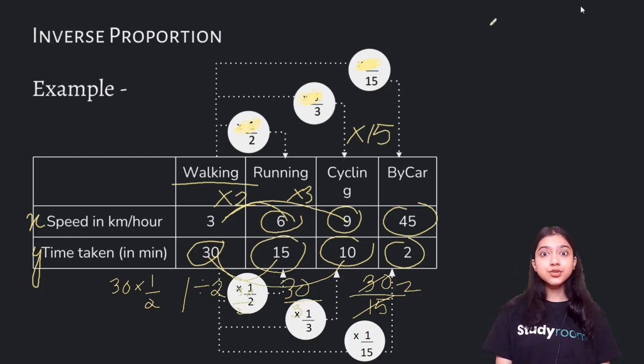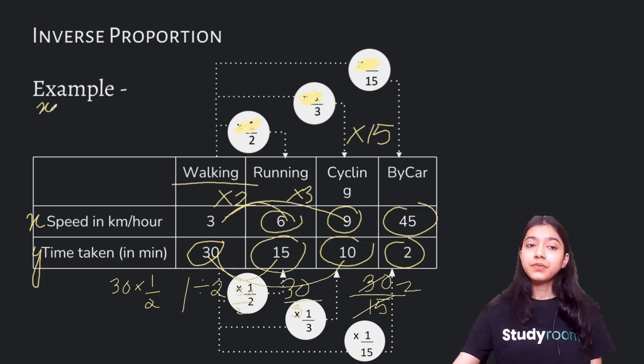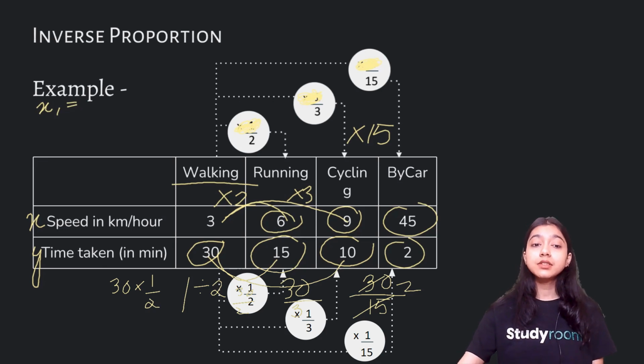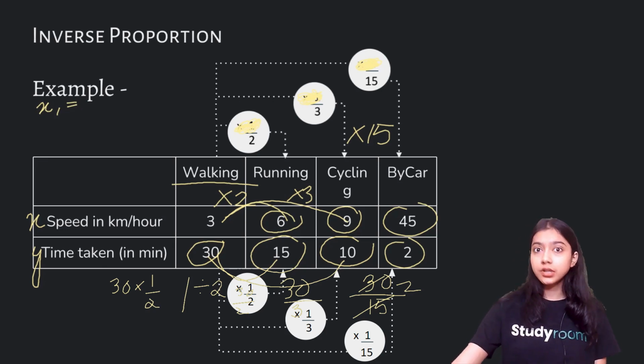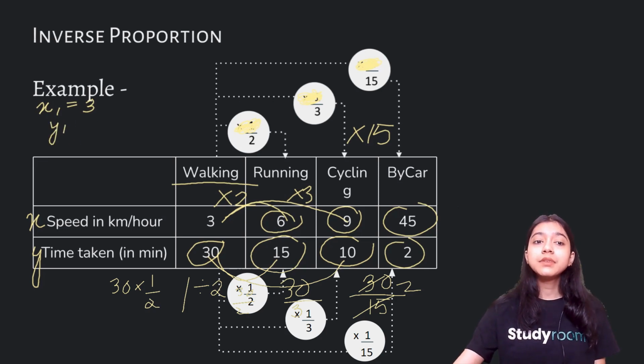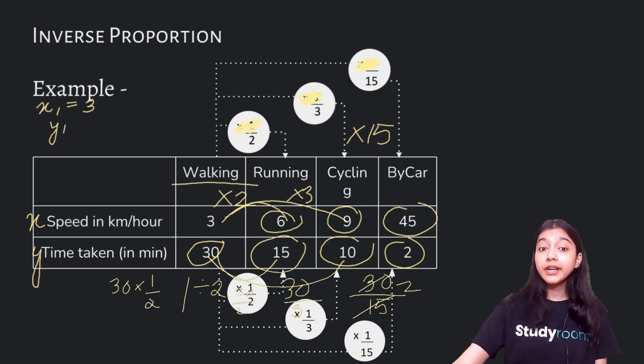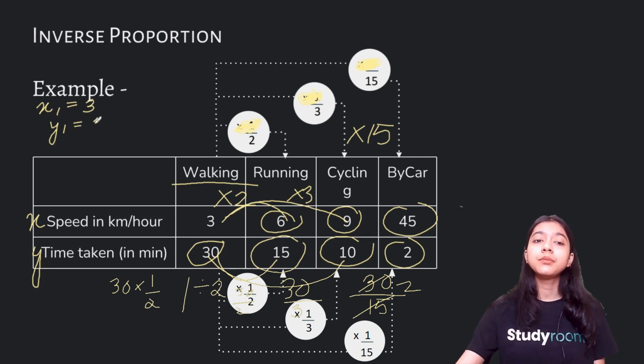Now let us try to draw another conclusion from this question. Just consider x1. That means the first speed is given as 3 km per hour. And y1 is the first time, that means the time corresponding to this speed, it is 30 minutes. Now let us take the product of these two.